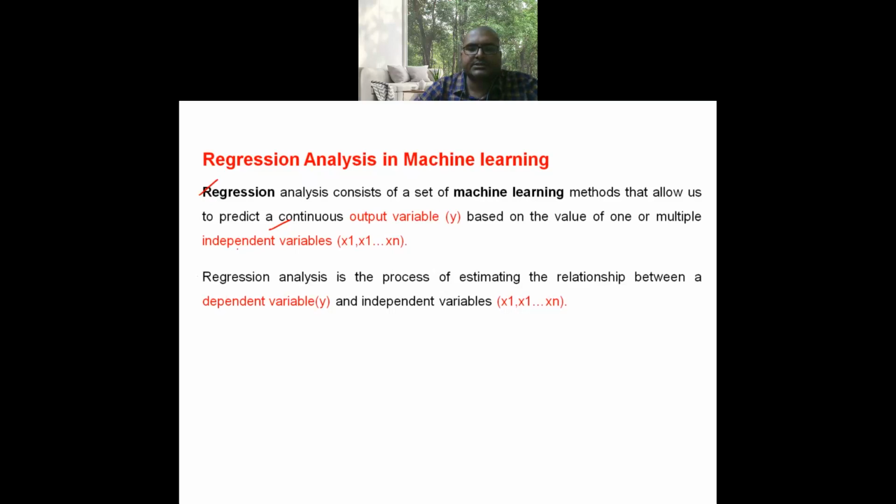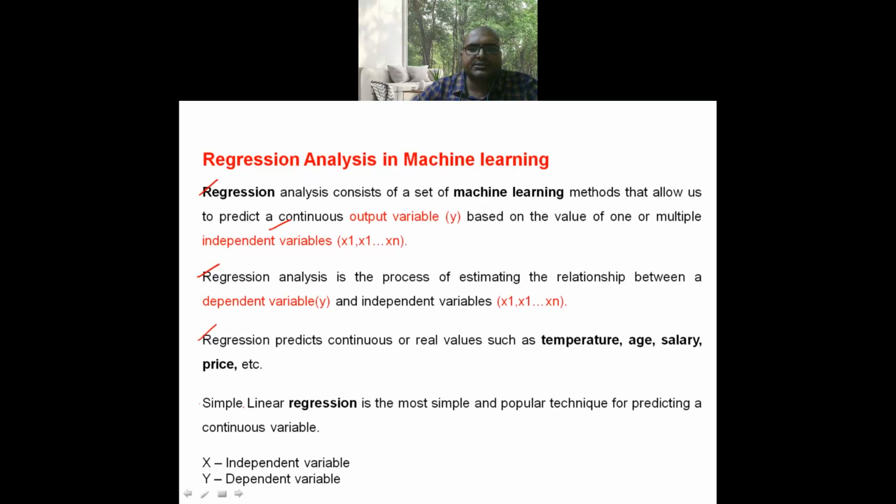Regression analysis is the process of estimating the relationship between a dependent variable and independent variables. For example, regression predicts continuous or real values such as temperature, age, salary, price, etc.